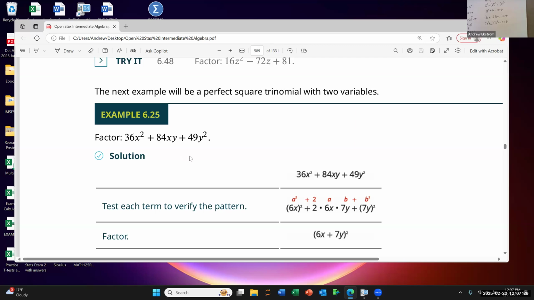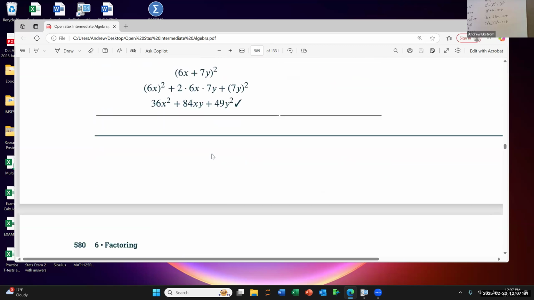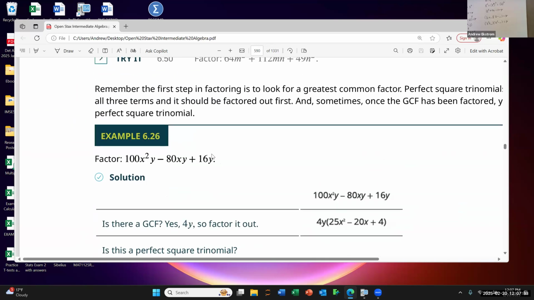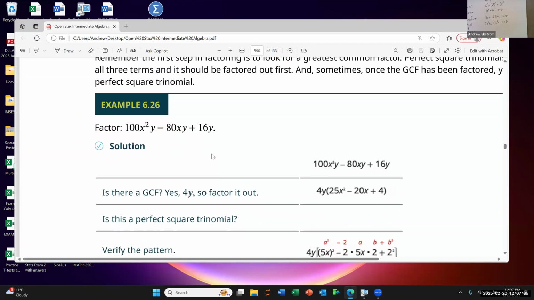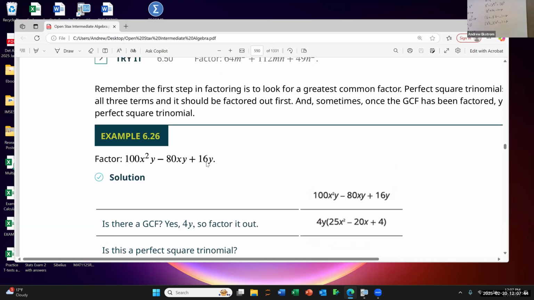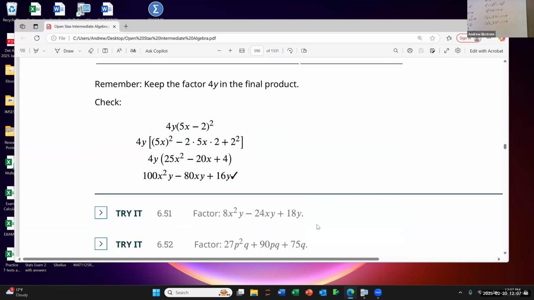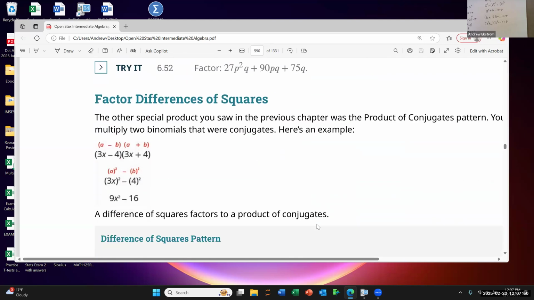Solve it the way we've done everything else. Here, we need to recognize that you can pull out a y value from everything as well as at least a 2. And this thing here is showing you that you can pull out at least a 4, factor the way that you expect.